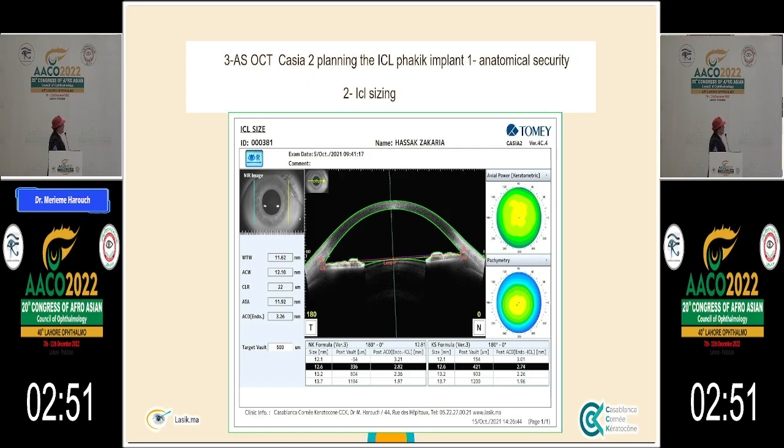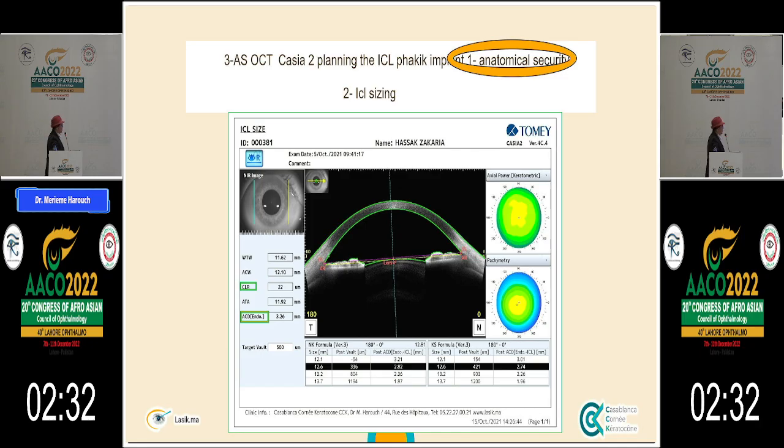For phakic IOL, it's very important to do the anterior OCT. CASIA 2 gives us the anatomical security by the crystalline lens rise and by the anterior chamber depth.